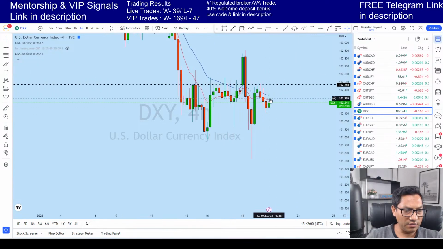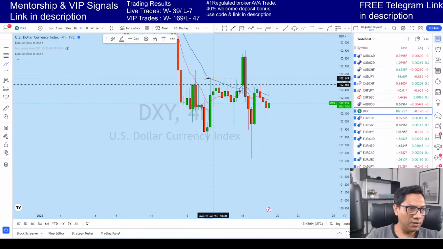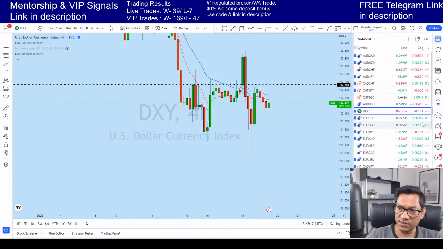To me, on DXY you can see a series of lower highs being created with a strong liquidity gap in this zone. That's a sign that DXY may continue to drop.